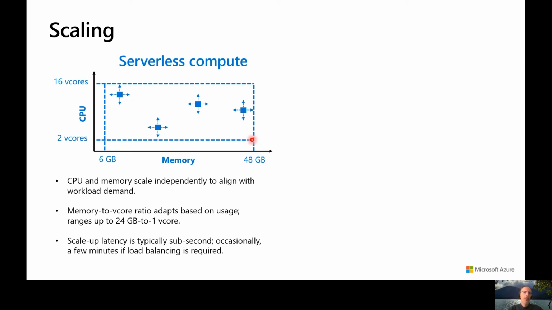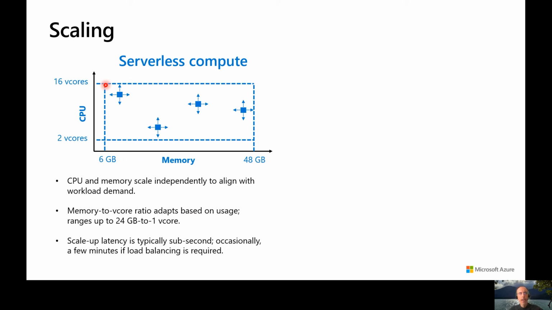Then, as time passes, that same database may evolve in its orientation to become much more computationally intensive, and perhaps require 16 cores and much less memory.